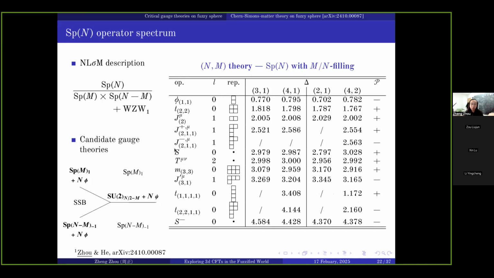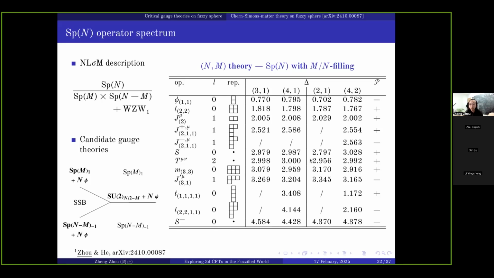We can also look at the singlets in that theory. So we find that in all of those theories, the lowest singlet has a scaling dimension very close to 3.